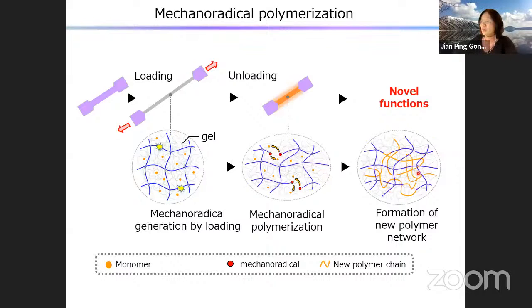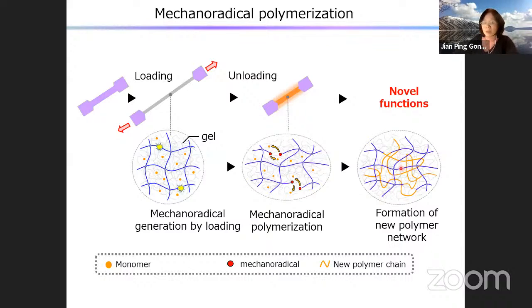Depending on our needs, this polymer can be added later with various kinds of properties. So this will give us new functions just triggered by the mechanical deformations. This kind of polymer is not necessarily designed in advance, but later, according to the needs, we can add various kinds of monomers to form polymers and impart the gel with new functions.